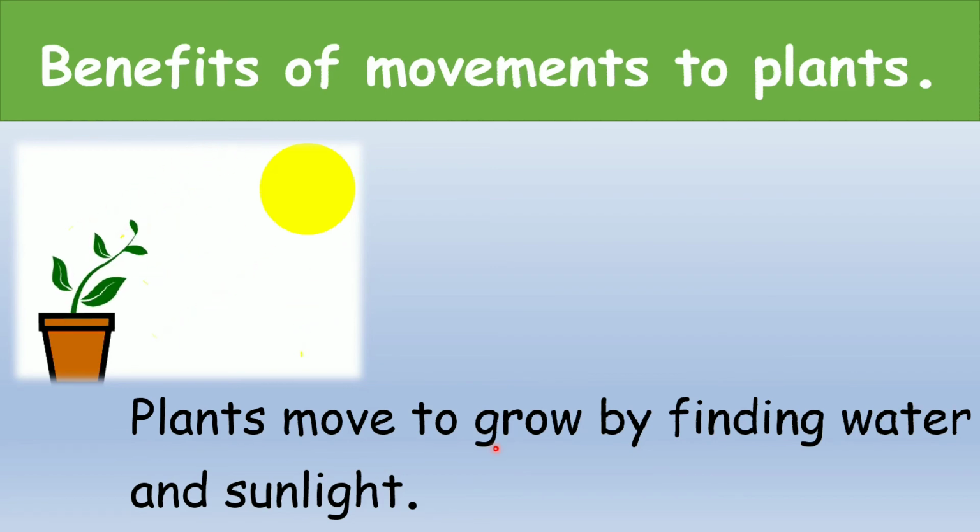And how do they do that? By finding water and sunlight. That's why plants turn around. So plants move to grow by finding water and sunlight.